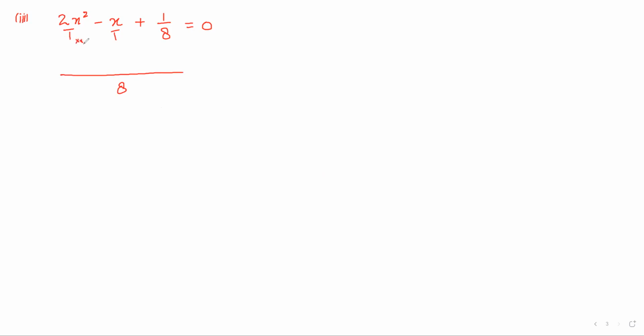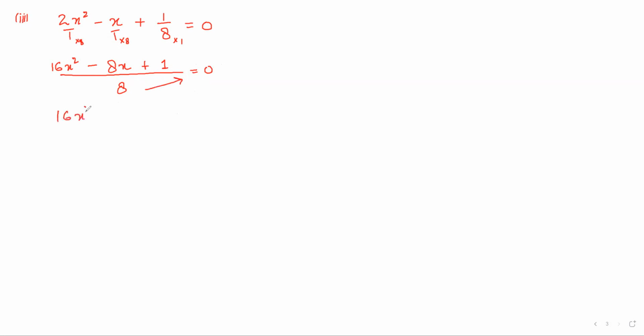Because into 8 time the LCM will go, right? And 8 into 2 is 16x square, right? Minus. Again 8 time the LCM will go, so 8 into x, right? 8. And plus, so this will go only one time, so 1 into 1 is 1 is equal to 0. Clear? Okay, now in the next step I can multiply this x with 0, cross multiplication, so it will become 0, right?